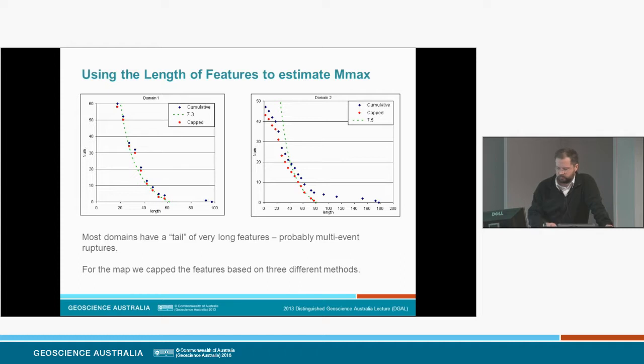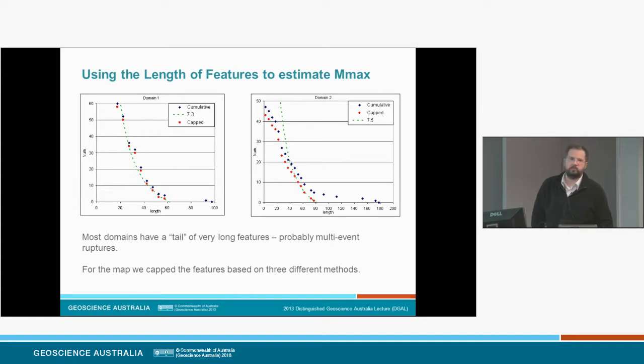That's domain 1. If we look at domain 2, which is the Flinders and Mount Lofties over here, it's not quite so simple. What we appear to be getting here is two distributions of earthquakes: single event features generated by one earthquake, plus very long features, which we think are probably multiple ruptures, nose to tail, when we can't differentiate them in the DEMs.